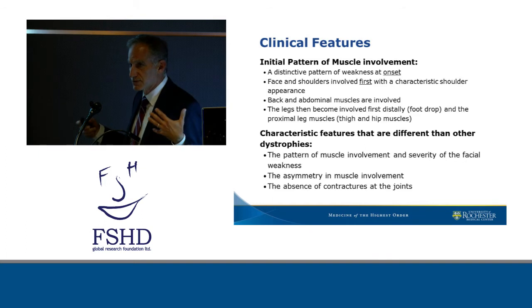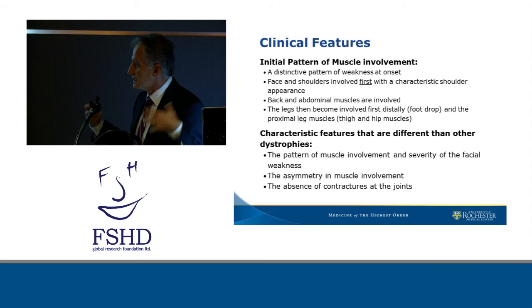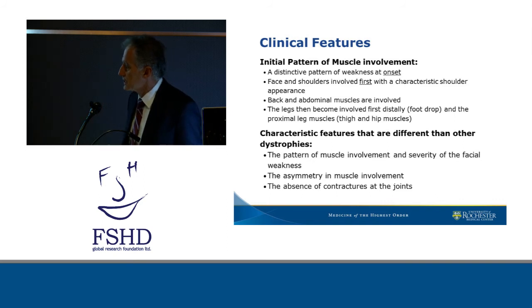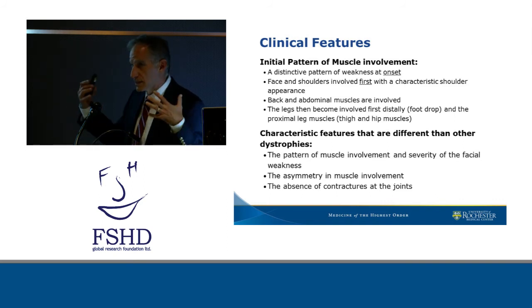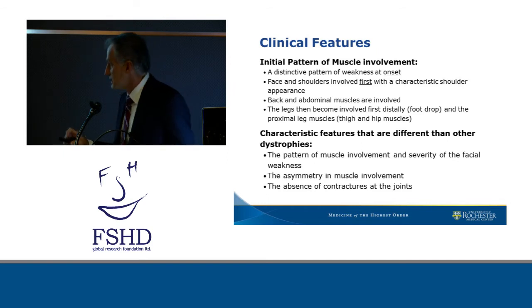Most muscular dystrophies have fairly symmetric involvement between the legs and the arms, usually proximally, whereas in FSH, there is an initial involvement up, and then it moves down. The severity of the facial weakness is very distinct for FSHD as well.